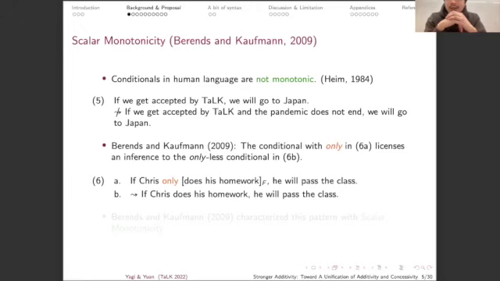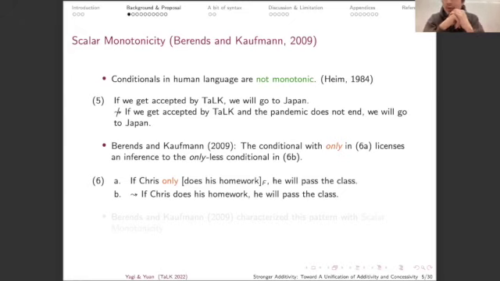And in 6b, it's still open about other possibilities, right? Of course, Chris does his homework, but he may do something else too.